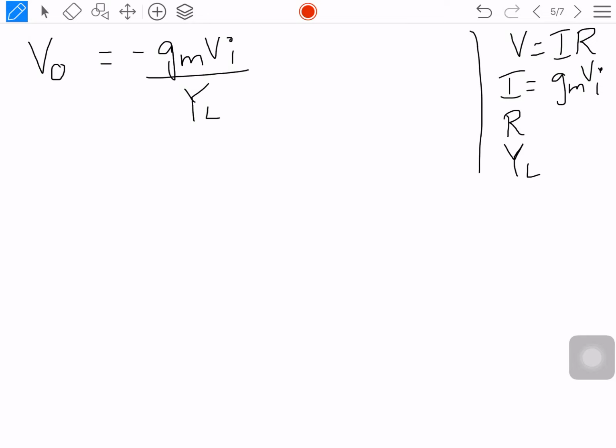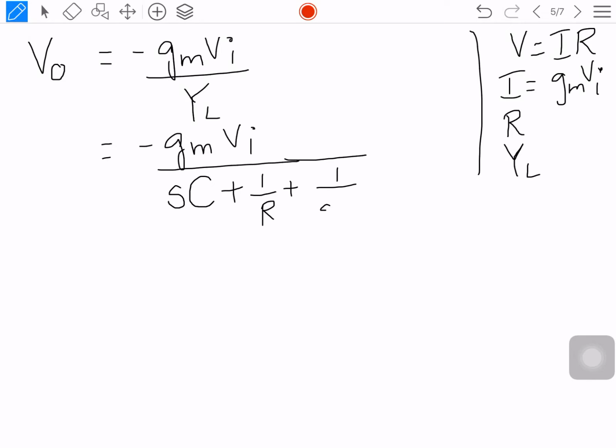Coming to the equation here, it is minus gm VI. This admittance is nothing but the parallel combination of three passive components. First one is the capacitance, which can be written as CS, resistance can be written as 1 by R, and inductance can be written as 1 by SL.